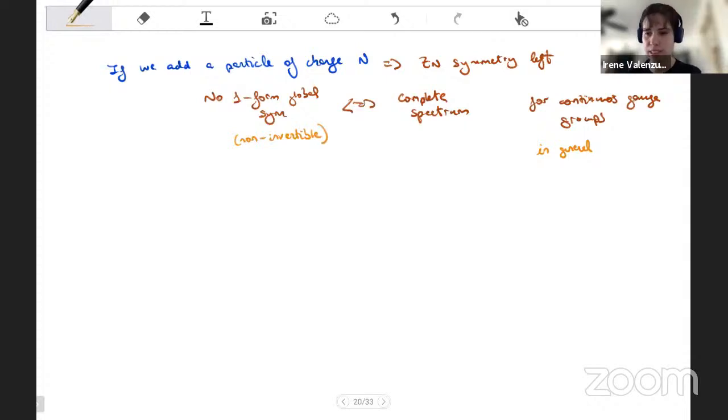I'm not going to discuss this in detail, but just for your information, in case you are interested in non-invertible symmetries, a new notion of symmetry that has appeared very recently.